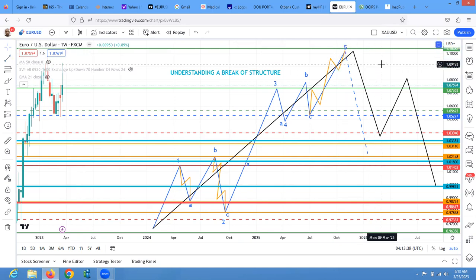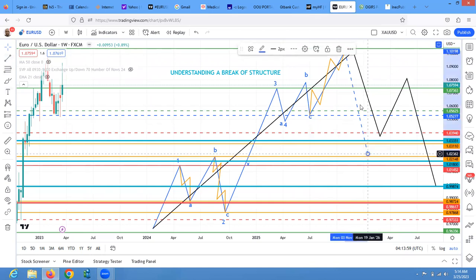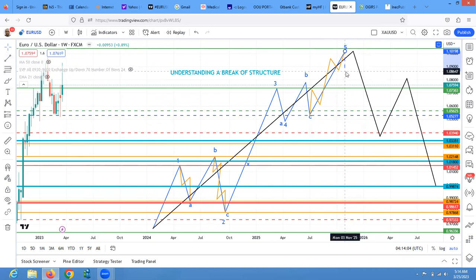Okay. Now, what we are saying is that if you scale down to 1 hour, assuming this is just 1 hour time frame, when this structure will be broken, it's when this wave actually breaks here.